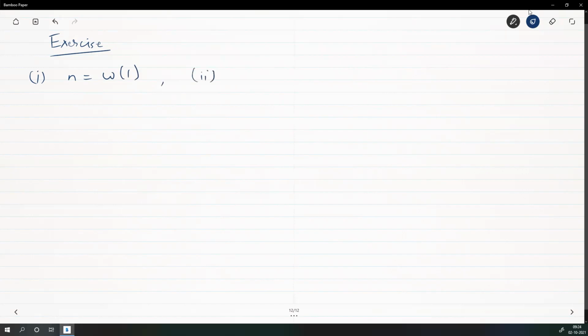Show that square root n is in fact little omega of 1. Show that n is in fact little omega of square root n, and show that square root n is not little omega of n.